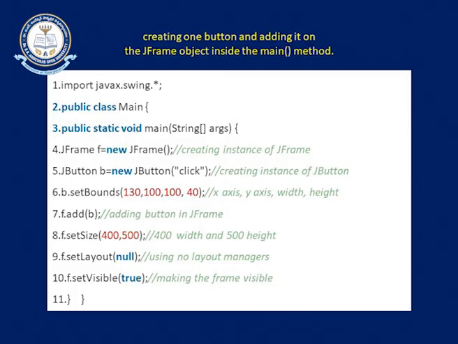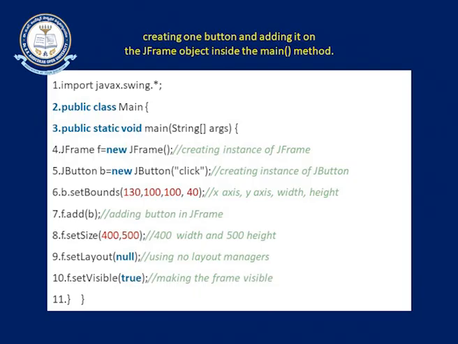And here my class name is Main. You can take any name, but in this example I am using the class name Main. And as per the standard rules of Java, public static void main(String[] args) is common. Within that, this is an important point, JFrame is a class name and f is an object name.